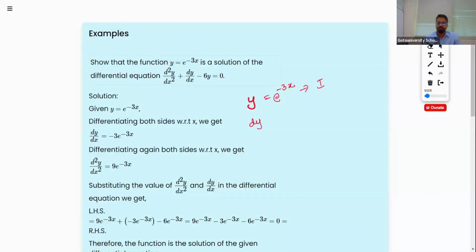Let it be equation 1. Differentiate with respect to x. What we get is e power minus 3x into minus 3. Am I right? Yes. So dy by dx is equal to minus 3 into e power minus 3x. Now, if I want to differentiate it further, one more time, what will you do?